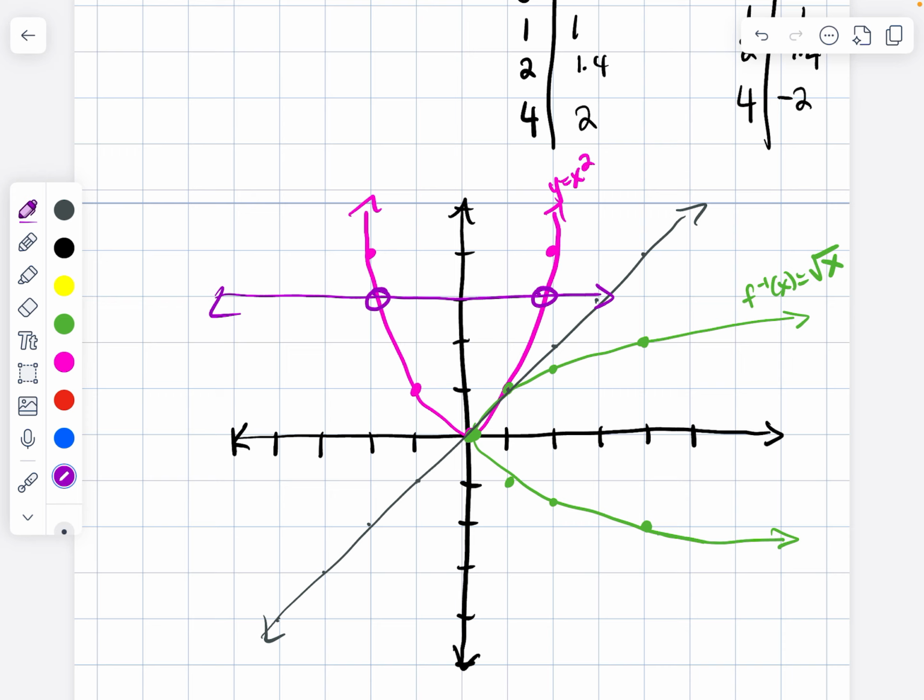And what that means is that the inverse is not going to be a function. And it's proven right here, look, by the vertical line test. Because this graph of the inverse of x squared crosses twice. But we know that because of the horizontal line test on the original f of x. Just a little known fact. That is the horizontal line test.